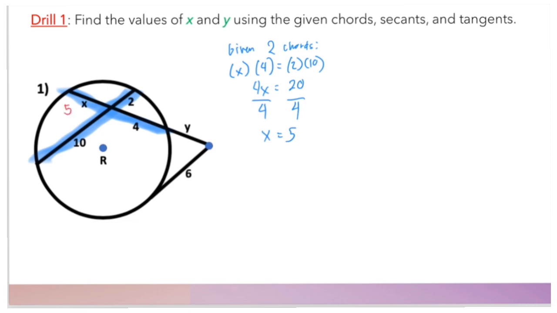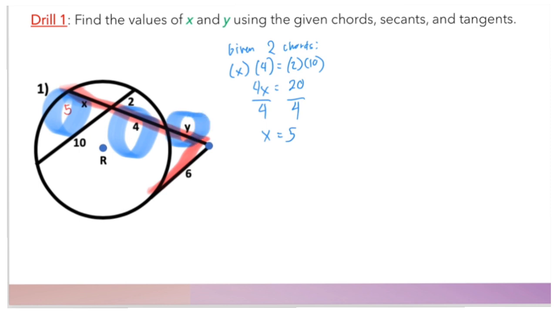And now, we can actually apply the other concept. This time around, the difficulty here is, what is the other theorem that we're going to apply? Well, we're now going to work with a given secant and a tangent. So here you have 5, you have 4, and you have y.